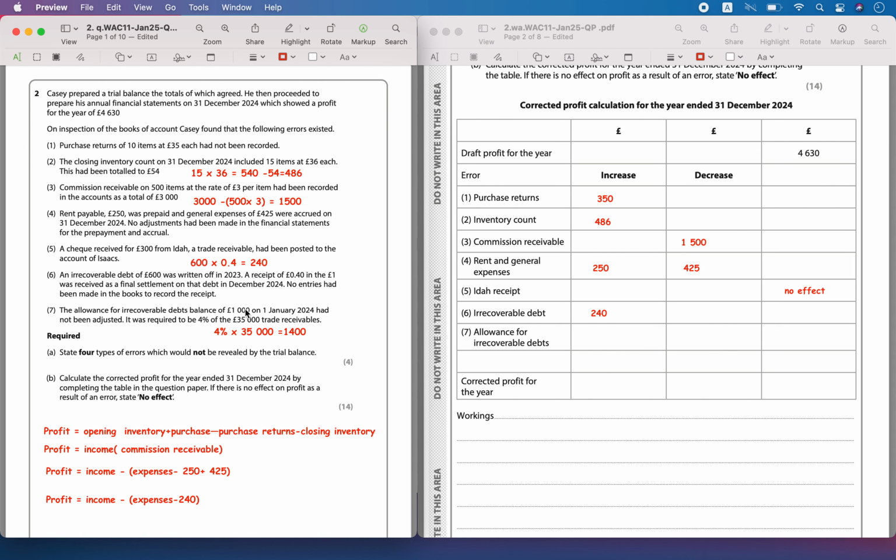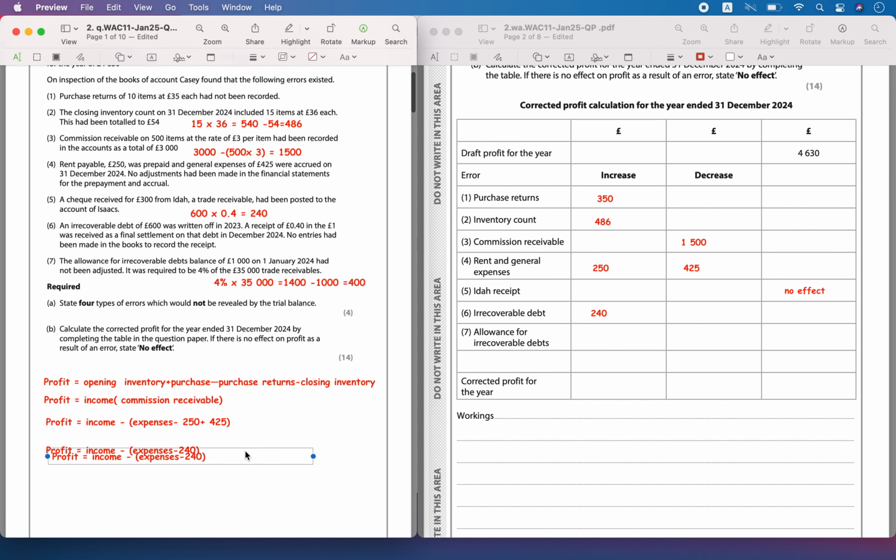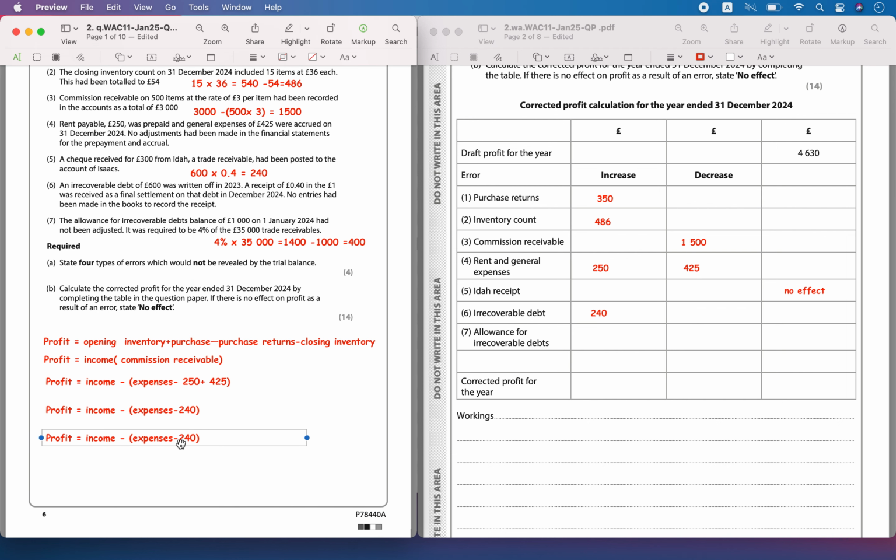The balance was 1000, so we have to find the difference. The trade receivables allowance has increased, so the expense is going to increase by 400, which means my profit is going to get reduced by 400.